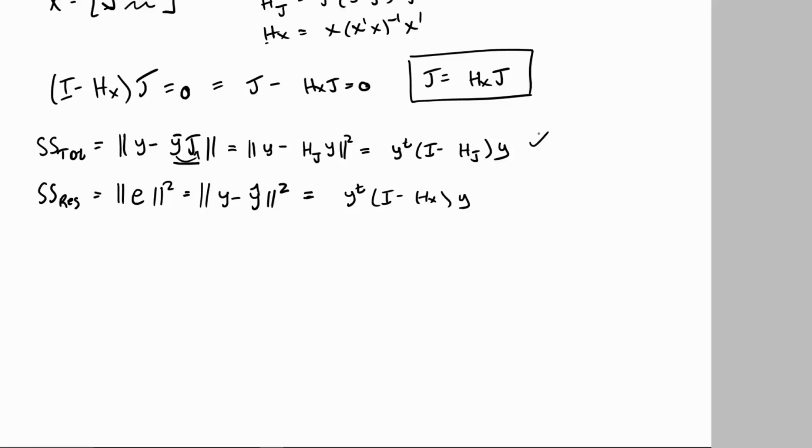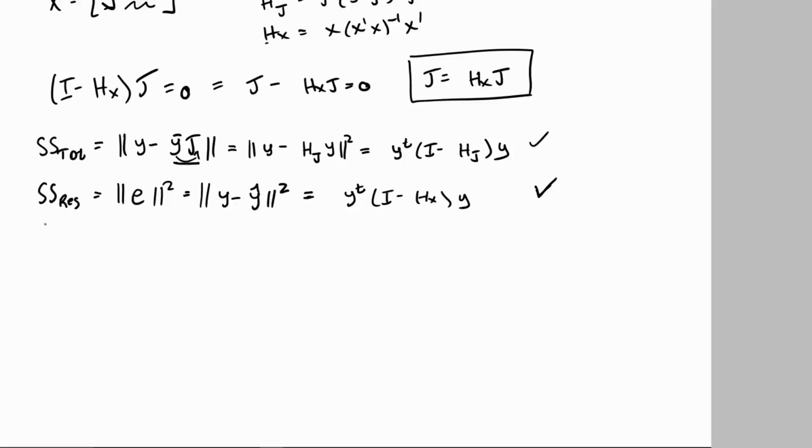So this is the numerator of the variability estimate that we would get if we only included an intercept, and this is the numerator of the variability estimate that we would get if we included an intercept plus all the other regressors. So of course, the residual sum of squares is going to be smaller than the total sum of squares because those extra columns are going to explain some amount of the variation in y.